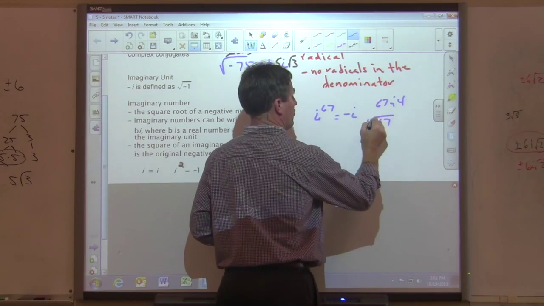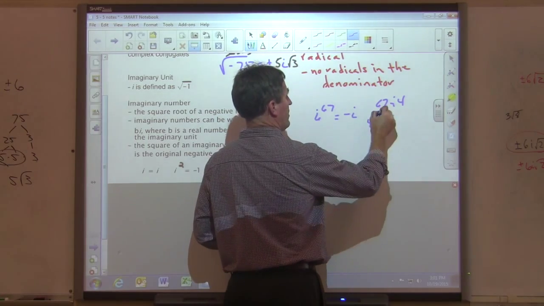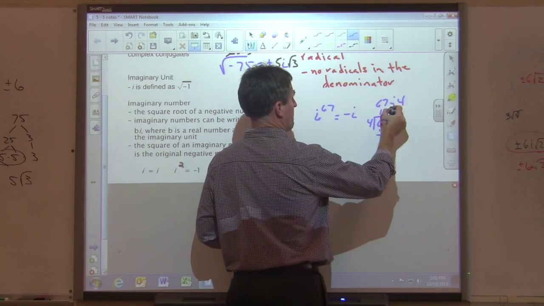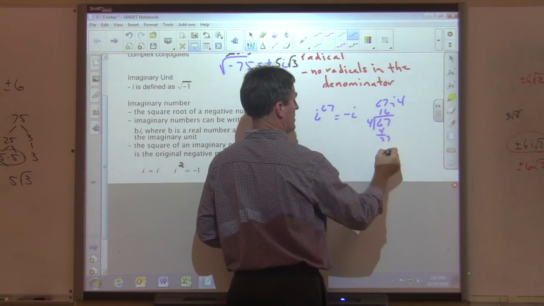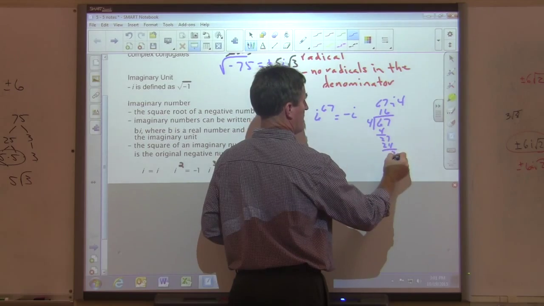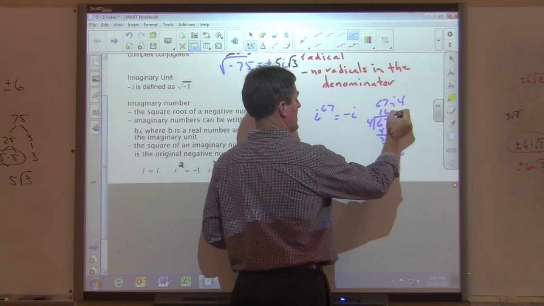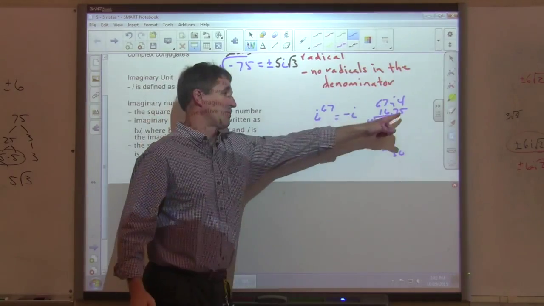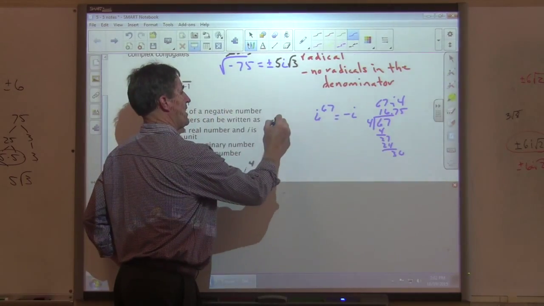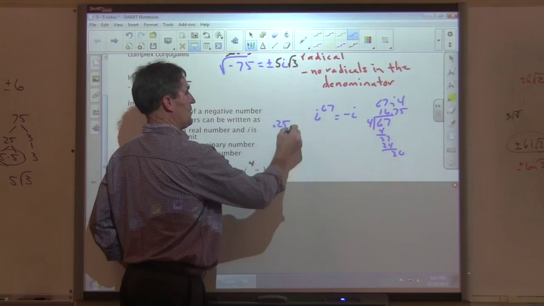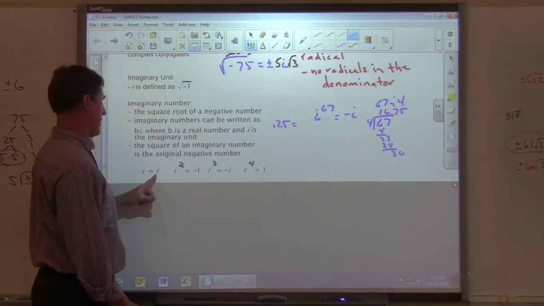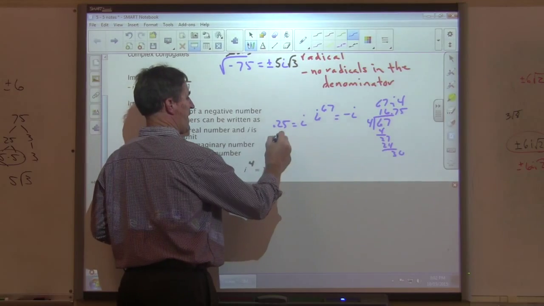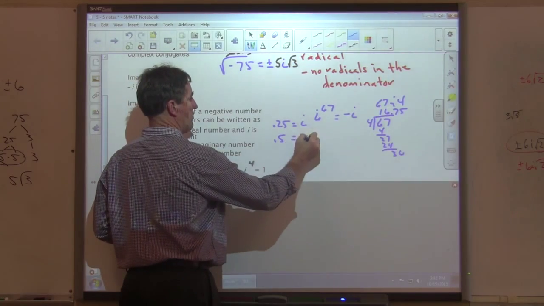If you do it on a calculator, you just divide 67 by 4, and you're going to get 16.75. If your decimal is 0.25, then it's simply I to the first power, so I. If your decimal is 0.5, then it's going to be -1.